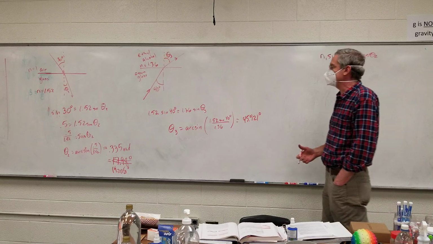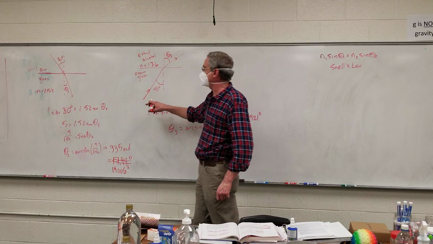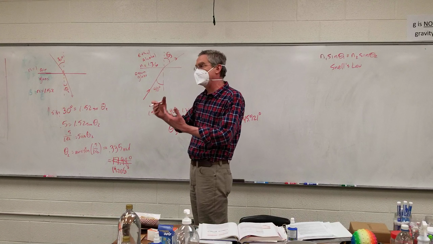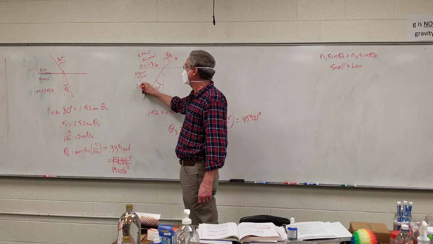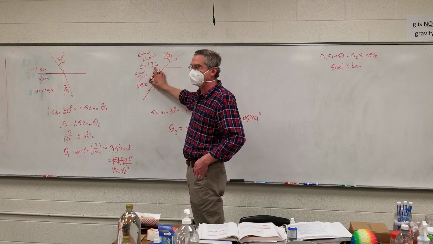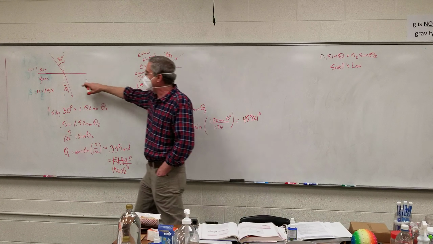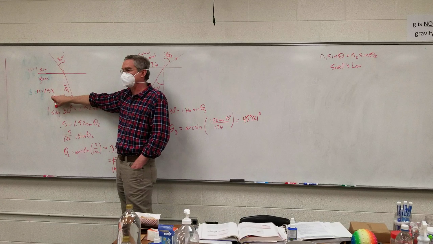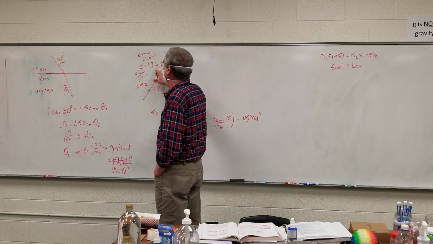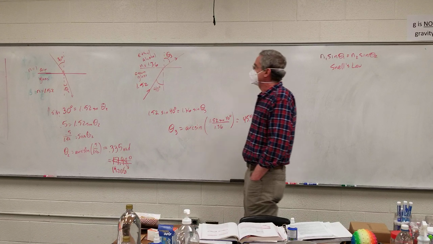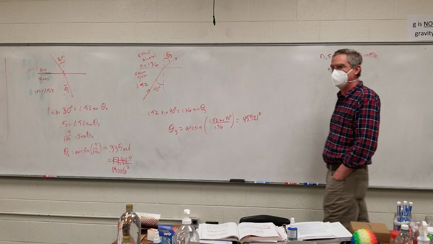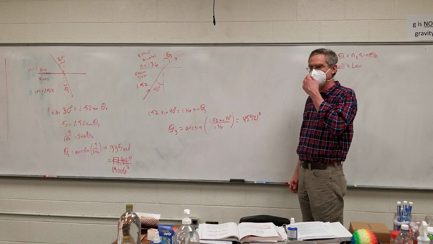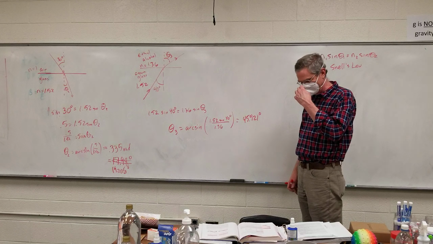Now, it makes some sense that it's not gonna be too far off of what we started with. It's gonna be bigger, not too much bigger, because the indices of refraction are not that far off of each other, 1.52 versus 1.36. Unlike over here, where we increased the index of refraction by 50%, here we're decreasing it by 10%. So if they're the exact same, it's gonna stay on the same angle.